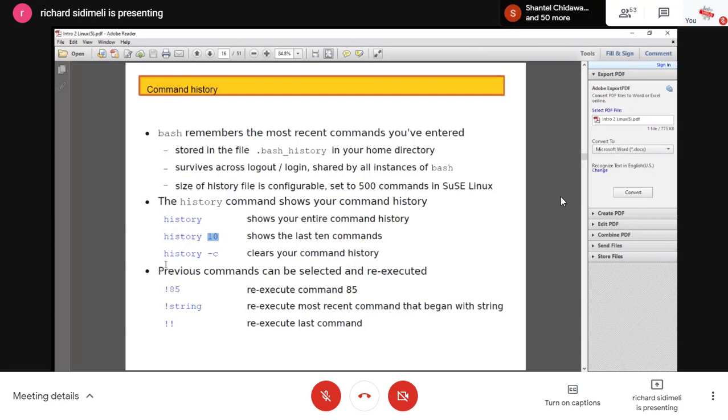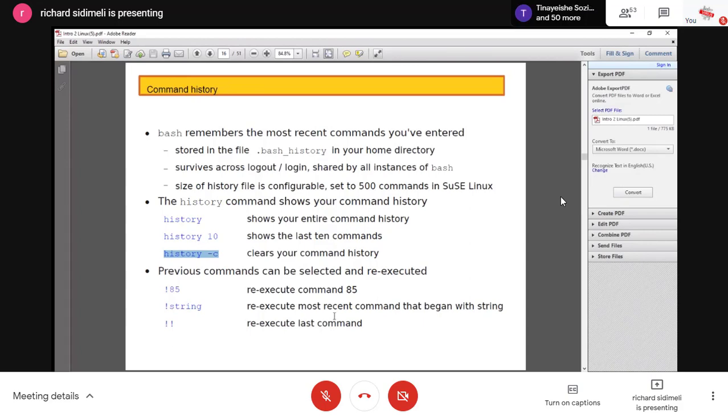If you do a history minus C, it will clear the command history, and then you won't have anything there.